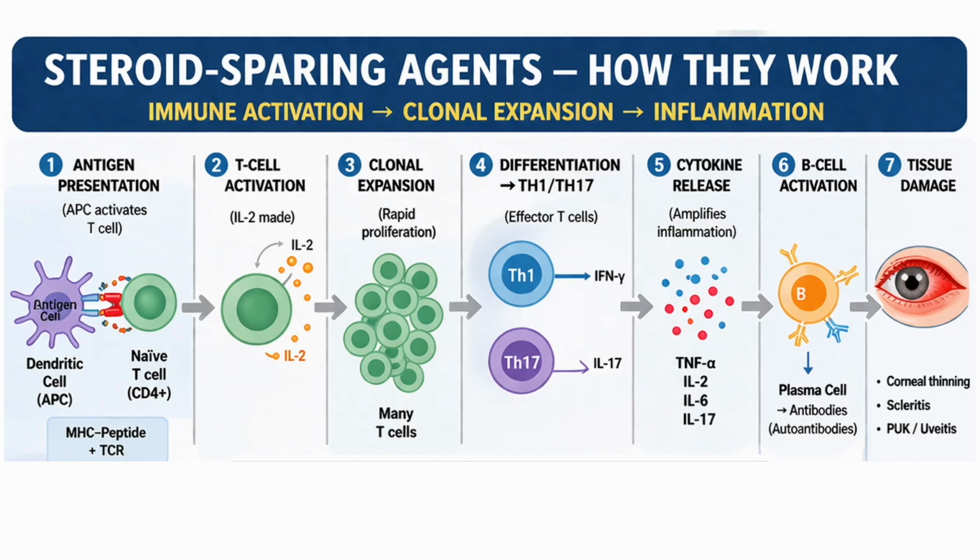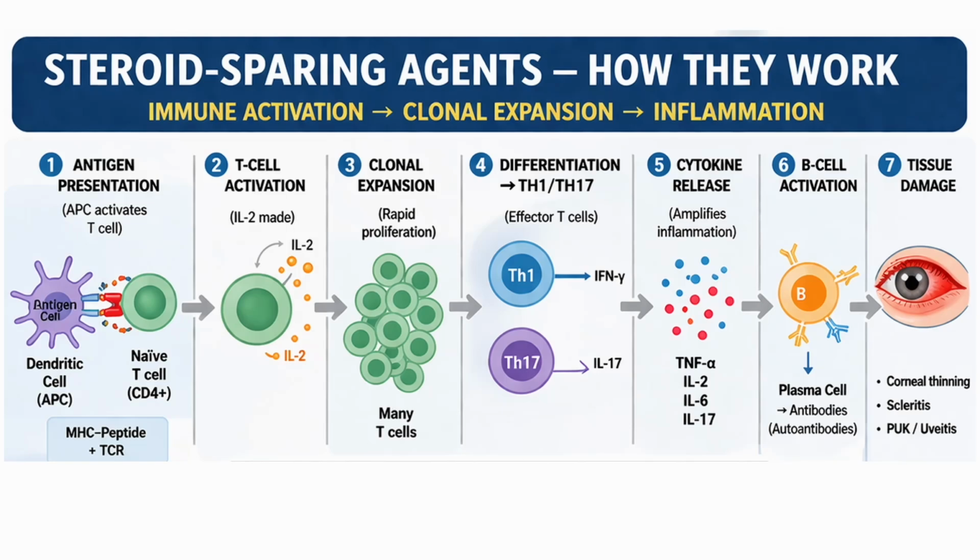Now going towards the treatment for this. Specifically for this condition, we are using steroid sparing agents. To understand how and why these drugs work, you need to understand how the immune system works. First, the antigen presenting cell, that is APC, presents the self antigen to naive CD4 T cells. Second, the CD4 T cell will get activated and will start releasing IL-2. Next, this IL-2 will cause clonal proliferation so that many T cells will get formed.